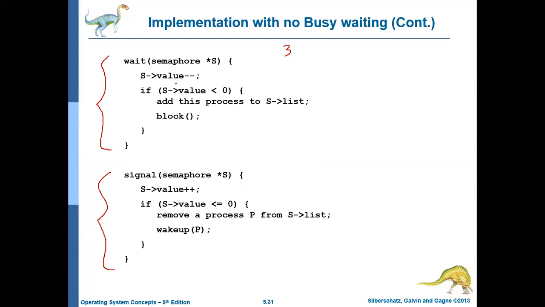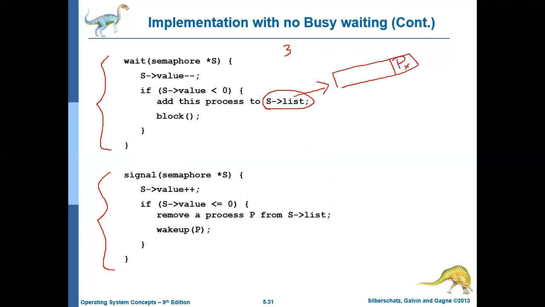If the value becomes less than 0, then this particular process will be added into the list. This list is nothing but a waiting queue. It means currently the resource is not available, so that particular process is added to the waiting queue. It is waiting for the resource.